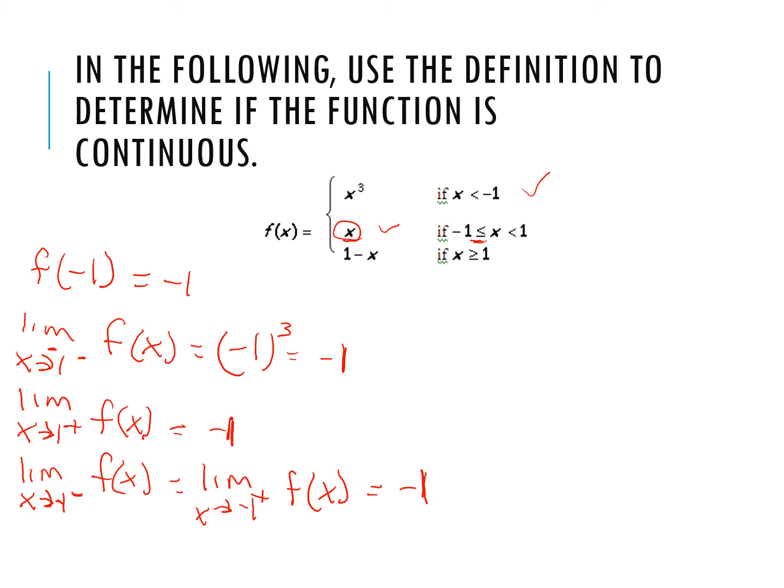Therefore, the limit exists. Those 3 dots in a triangle mean therefore the limit exists. The limit as x approaches negative 1 of f of x is equal to negative 1. So is it continuous at negative 1? Yes, it is continuous at negative 1.